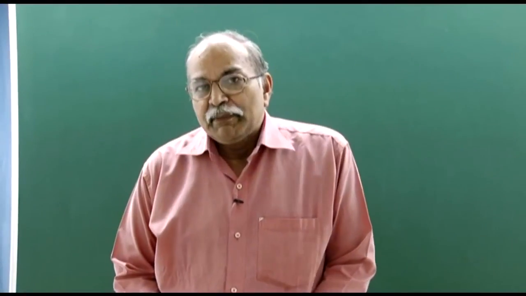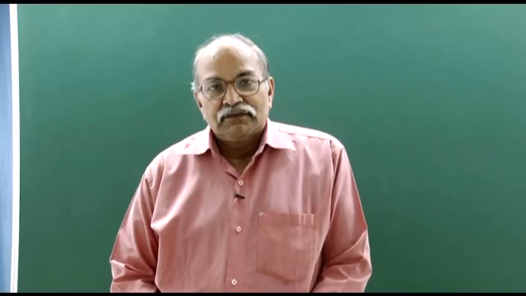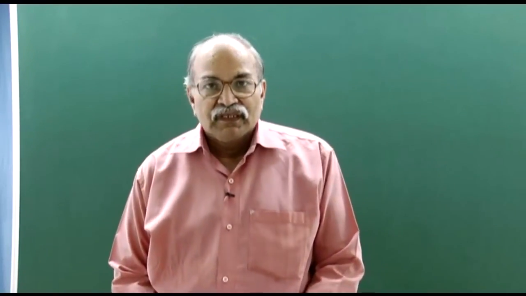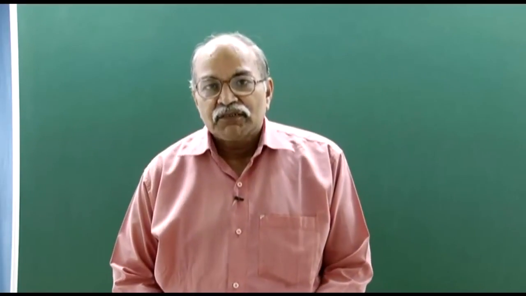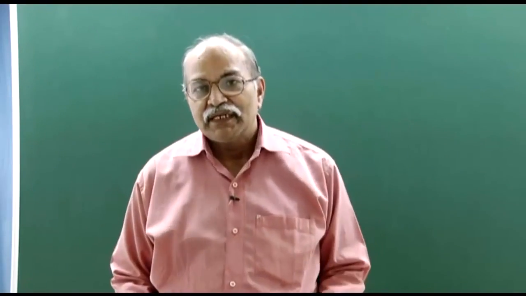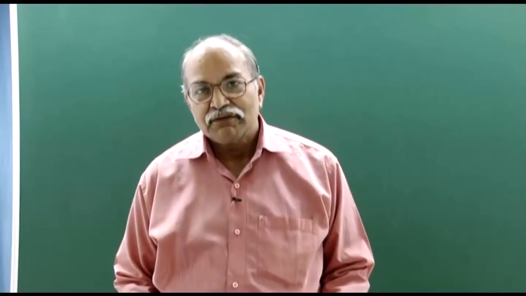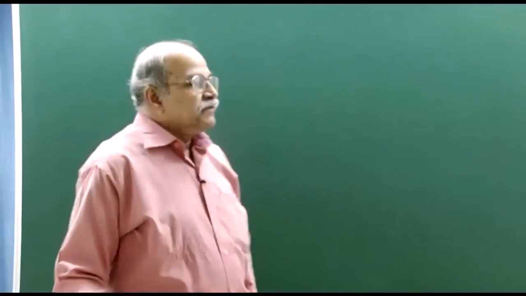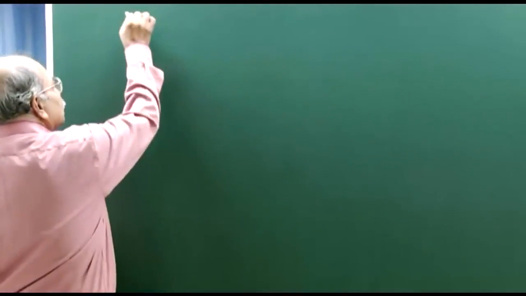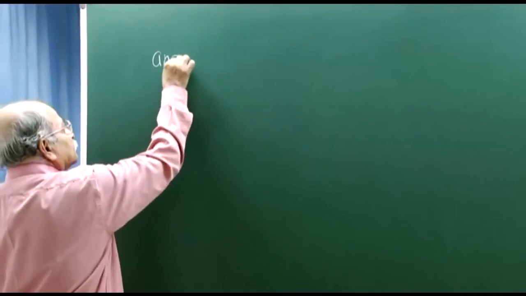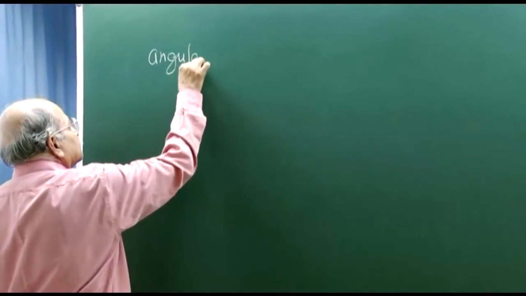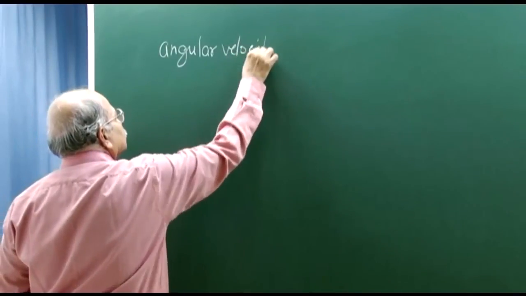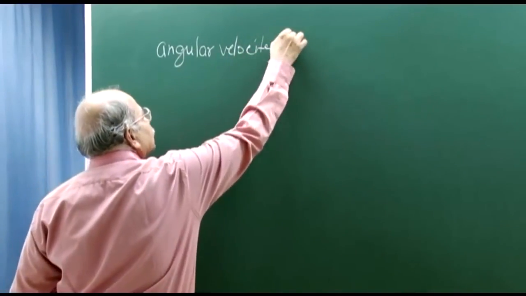So, today we will be talking of rotational motion of rigid bodies. In rotational motion, some of the words come very frequently and are very important to analyze any such situation. Some of these are angular velocity, which we write as omega.